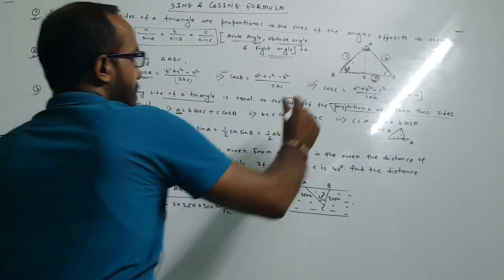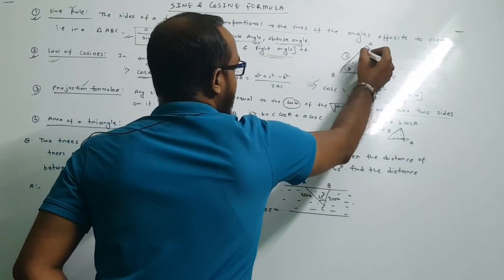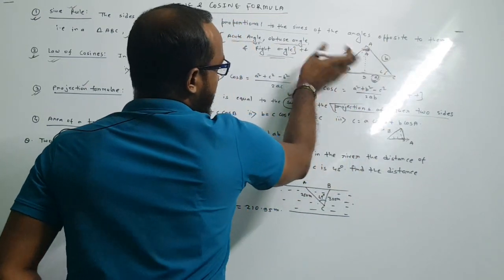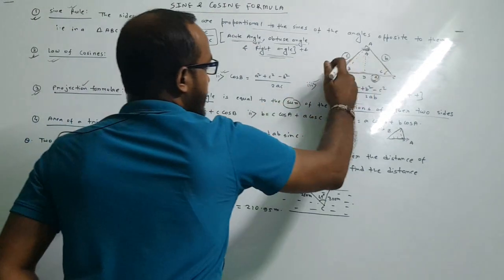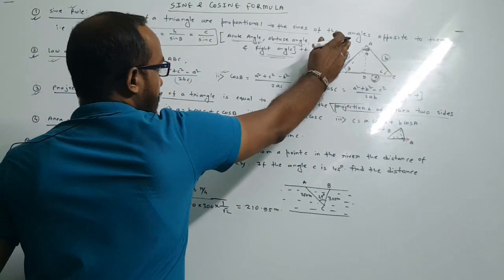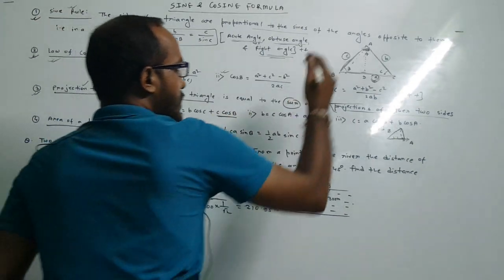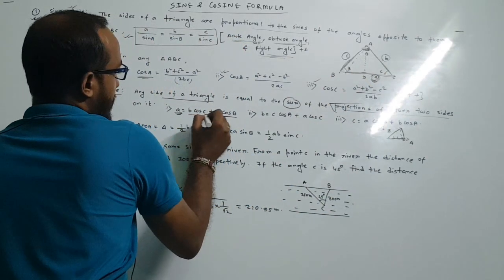So here angle is B, here angle is C, here angle is A. So side A would be C cos B plus the projection of this side, B cos C.